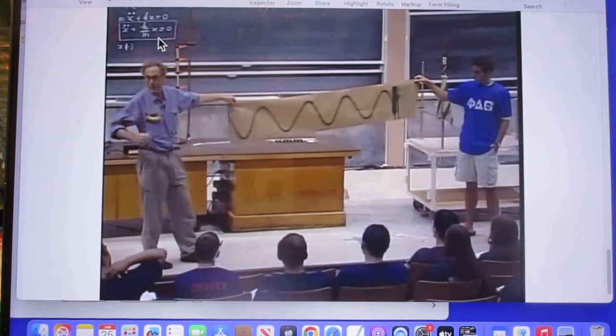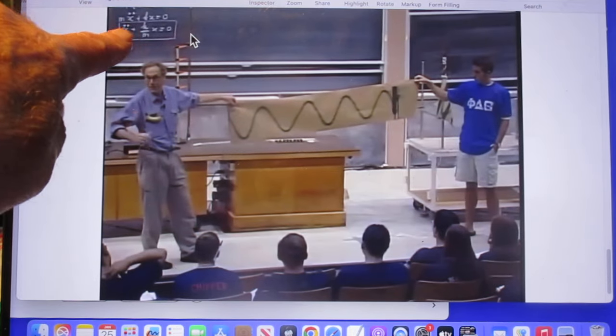That equation, x double dot plus k over m times x is 0, that means that x is a simple harmonic motion. And that's exactly what we deal with here. So he shows you this picture not to see me with my student, with this demo, but he shows you this because of this equation.